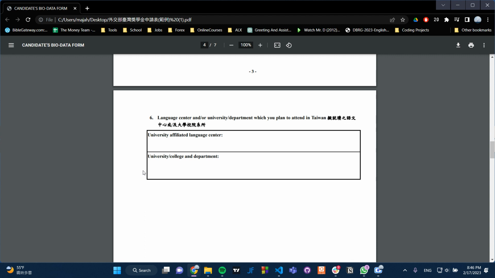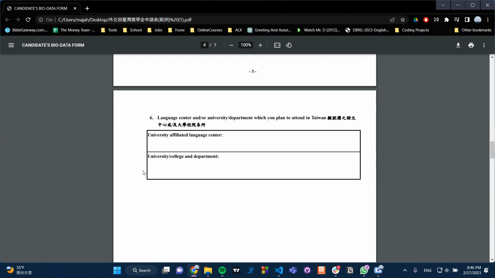So the MOFA Scholarship has a program where you are allowed to do 1 year of Chinese in Taiwan, and then you can proceed to do your 4 year degree at your chosen university. But this is not mandatory. You don't have to do it if you don't want to.